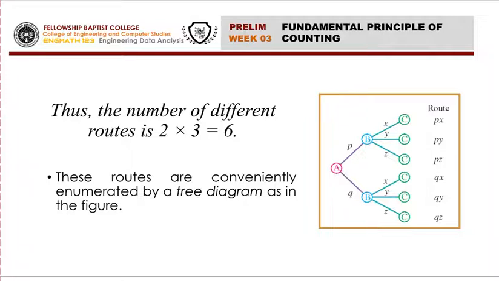But based on the fundamental principle of counting, what we have to consider is to multiply. So your possible choices, you have 2 here, and then we have your 3 possible choices in the second stage, which is equal to 3. So 2 times 3 is equal to 6. And this is what is represented in our tree diagram.